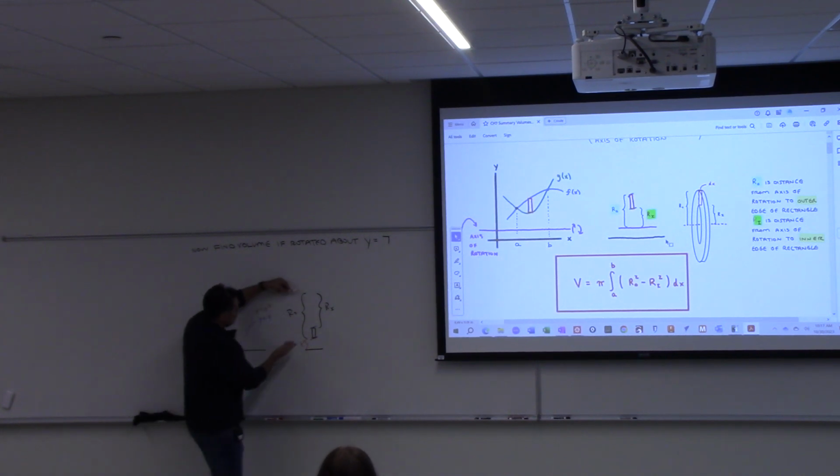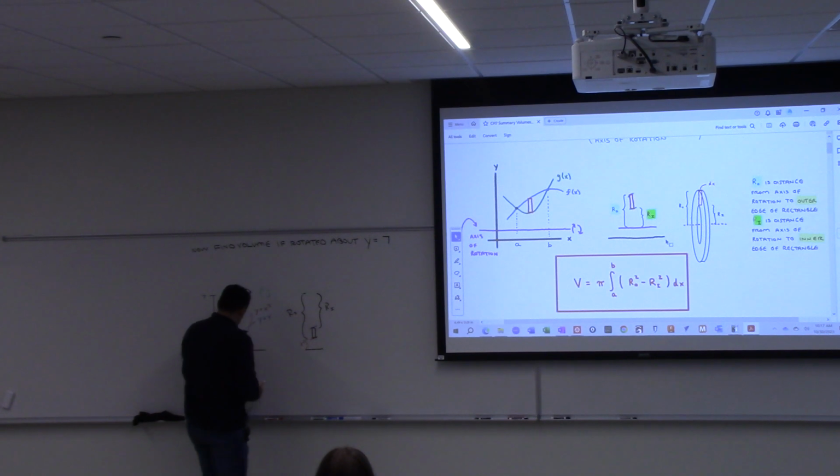So our outer radius for us is this distance. What is this distance from here to here? What's that distance? 7, and that's never changing. From here to here is 7. And so how much am I taking away from that? I'm subtracting that much from that 7.